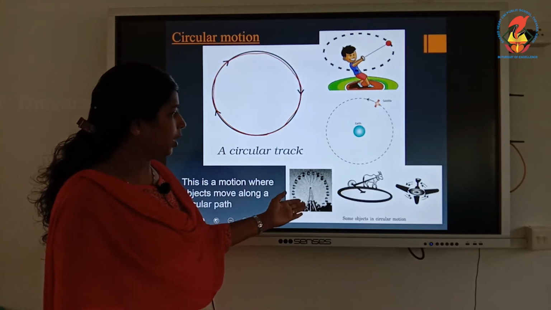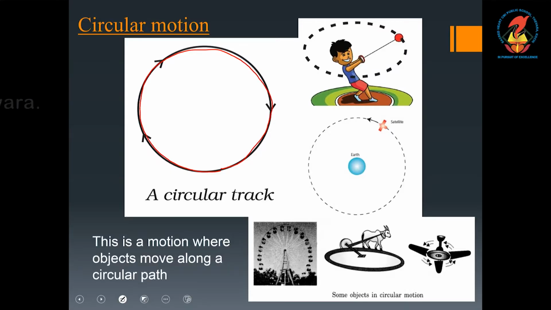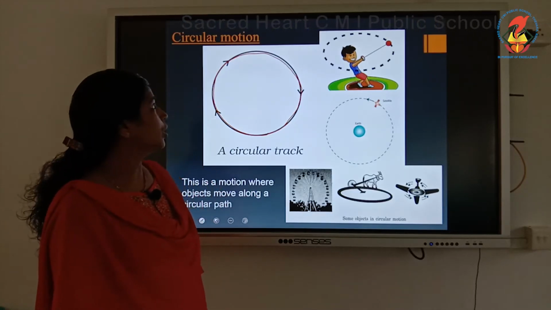Then this giant wheel is also moving in a circular path. Here also this ox moves along the circumference of a circle. All these are examples of circular motion.